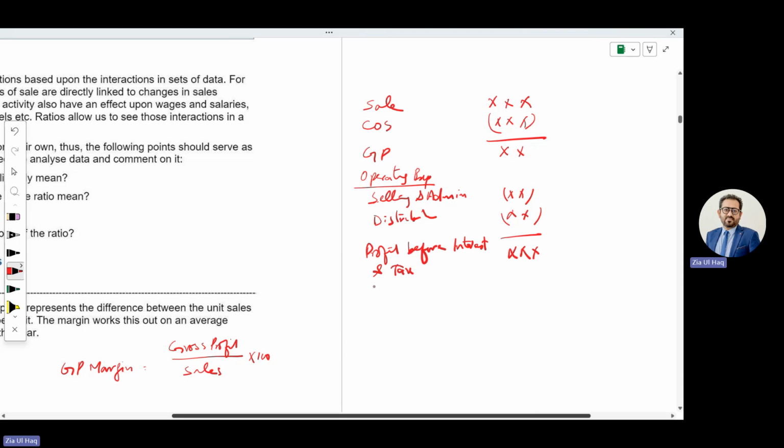From this, we need to deduct interest, also called finance cost. We will arrive at profit before tax. PBT stands for profit before tax, and PBIT, profit before interest and tax. And from profit before tax, we will deduct the tax. We will arrive at profit after tax.